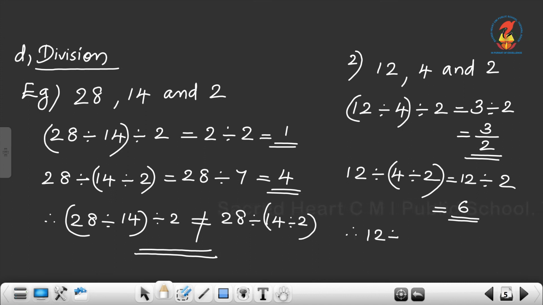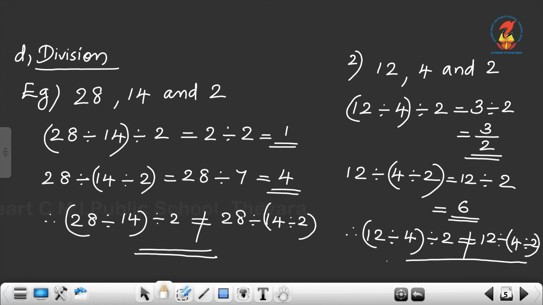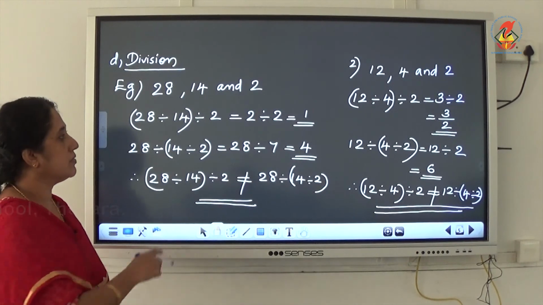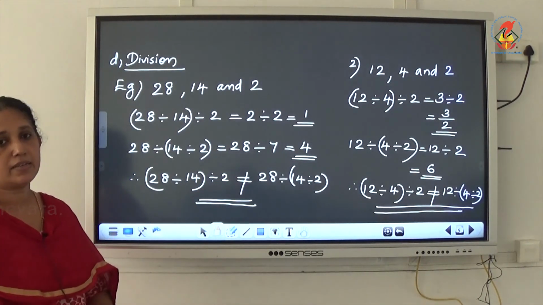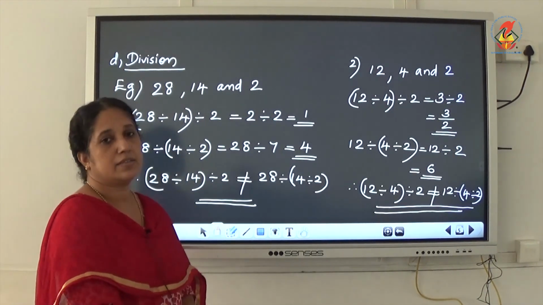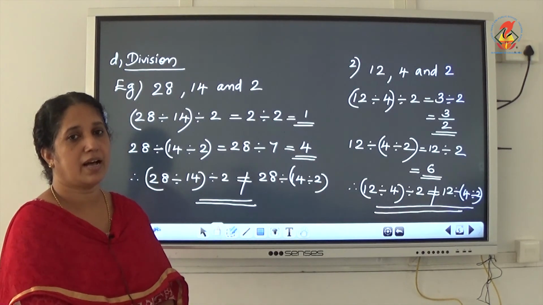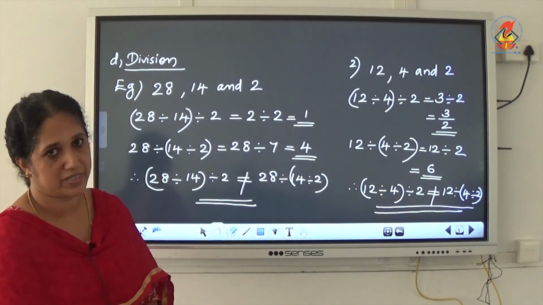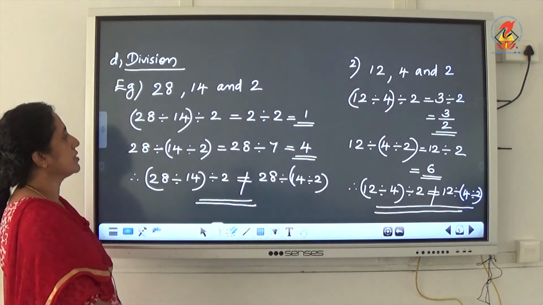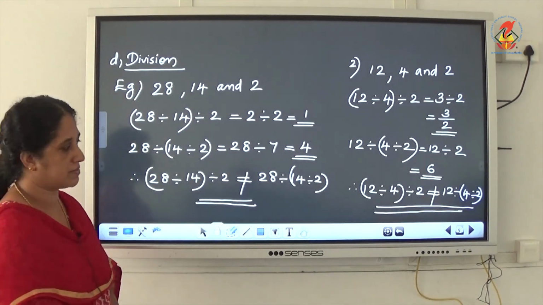Therefore, (12 ÷ 4) ÷ 2 is not equal to 12 ÷ (4 ÷ 2). So, in the case of division also, the order of grouping is very important. From the two examples, we can conclude that whole numbers are not associative under division, or division is not associative for whole numbers.